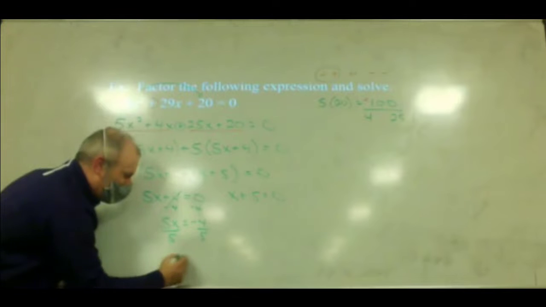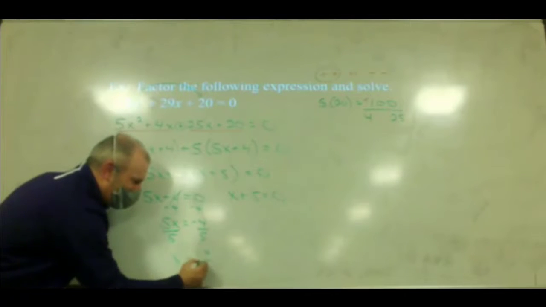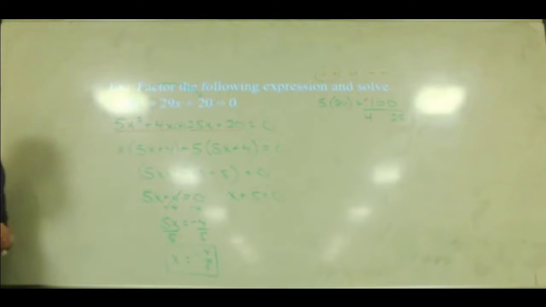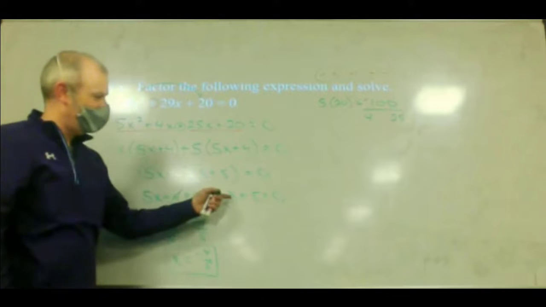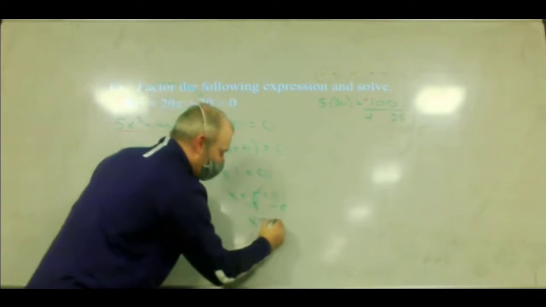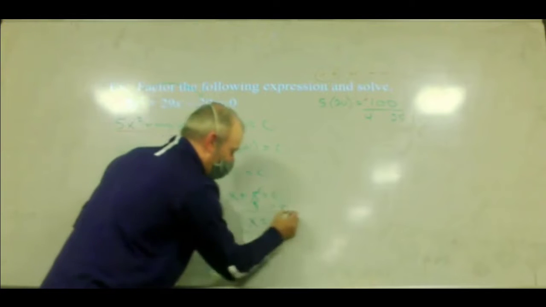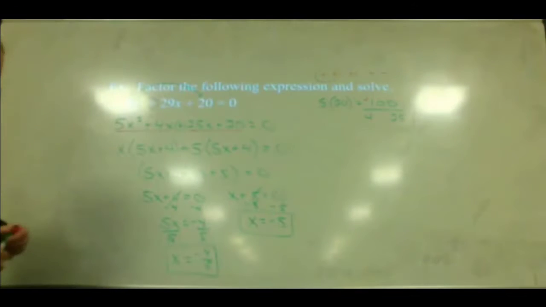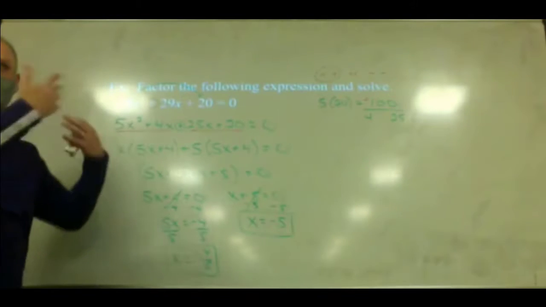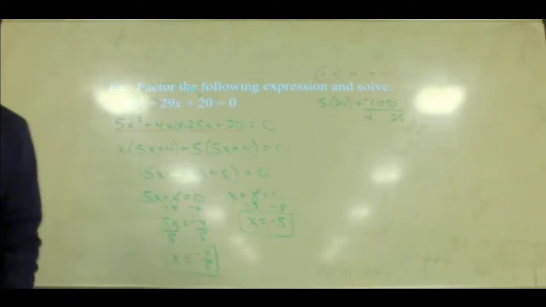You guys are shifting it into a turbo mode here. So x equals negative 4/5. And then the other one's easier because there's only one step. What do we have to do over here? Subtract 5, and then we're done. X equals negative 5. Okay? And again, those two answers, if you plug them back in, you can check them, and it is correct.